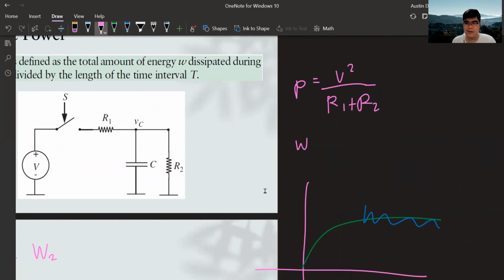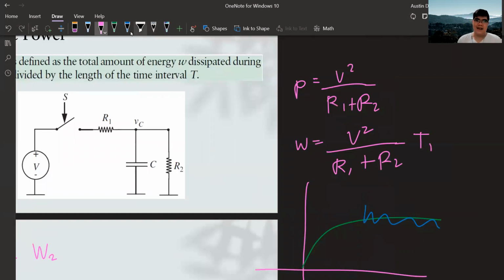Then, if we want W, it's just P times T. So, in our case, R1 plus R2 times T1.